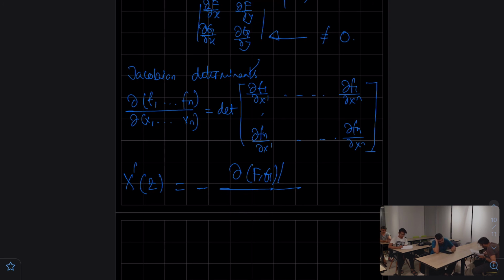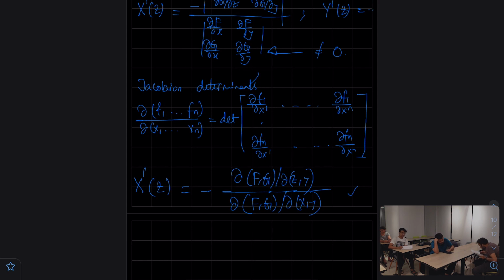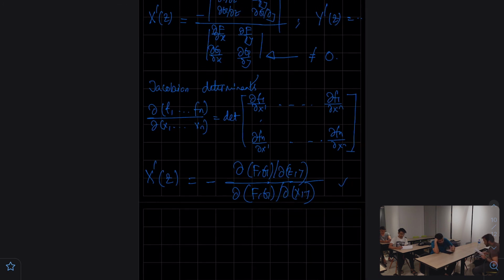Yeah, this is a ratio of Jacobians. So I missed d of f comma g with respect to z comma y, and d of f comma g with respect to x comma y. Now this is correct. Okay, that's good.